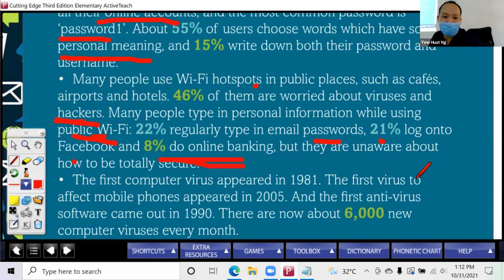Then I read this book, then I realized I should not, because they can hack. So don't use public Wi-Fi to do online banking. Now I don't, I just use my own email. But they are unaware about how to be totally secure. Unaware means that they don't know.